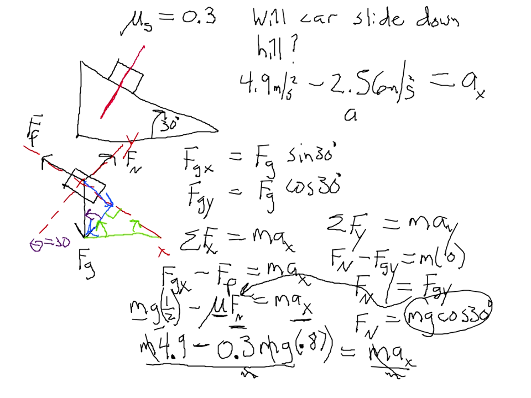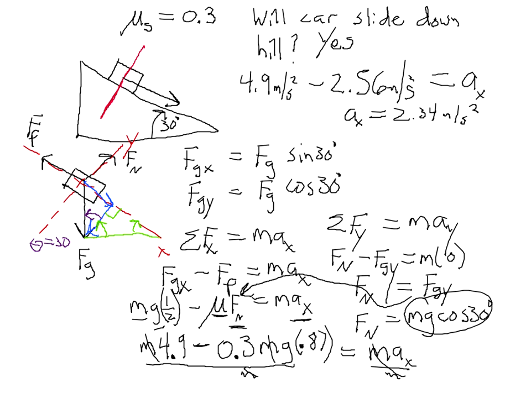So the acceleration of our car in the x direction is 2.34 meters per second squared. That is the positive x direction, and the positive x direction is down the hill. So unfortunately, the answer to the question is yes. Our car is going to slide down the hill.